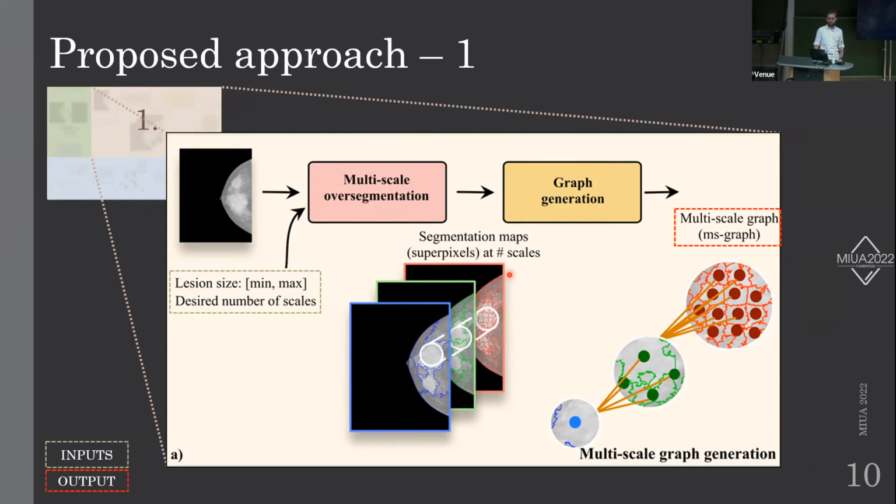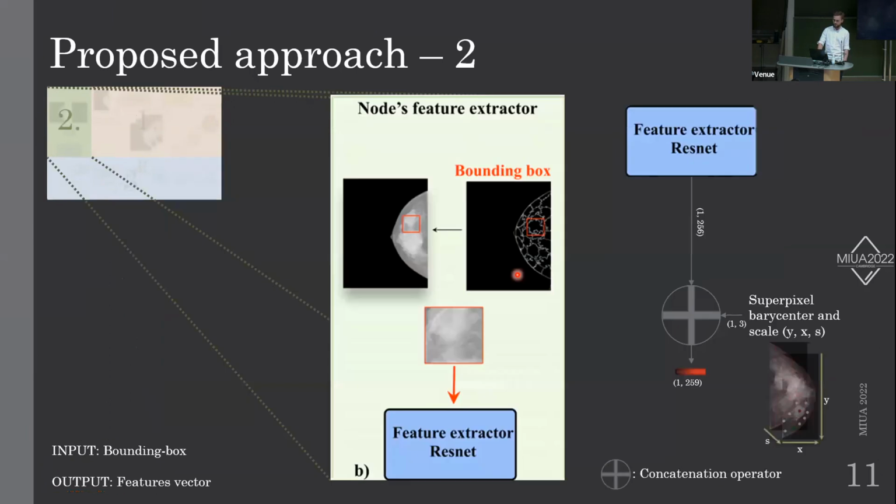With this over-segmentation, we generate our graph, where each superpixel is a node in our graph, and each node is connected in the spatial domain to its 4 connected neighbors and to the neighbors across scales, to leverage topological information through the variability of the size and shape of the abnormalities.